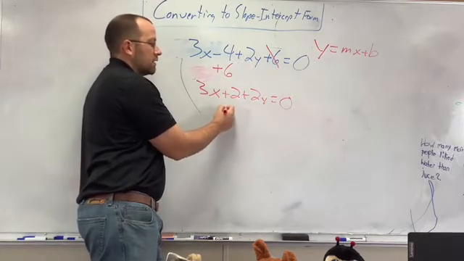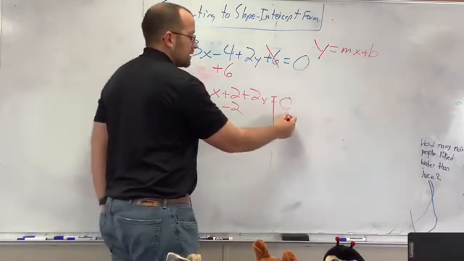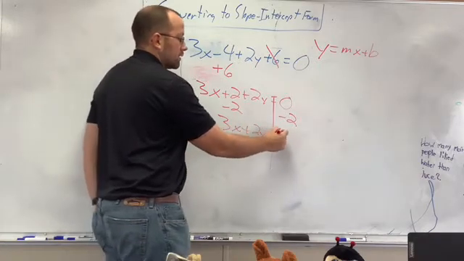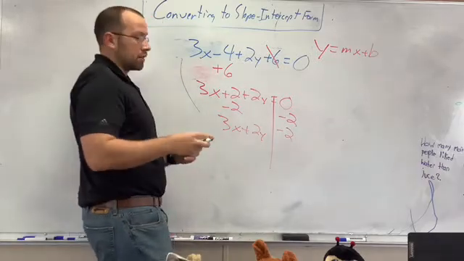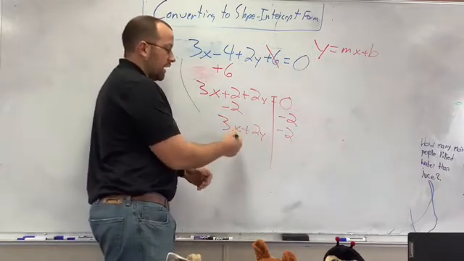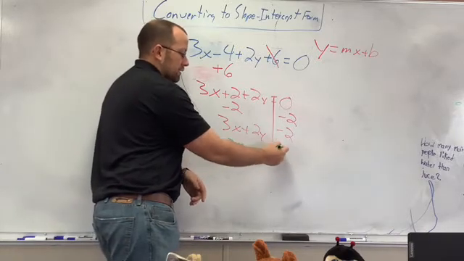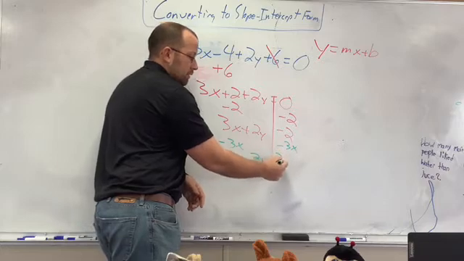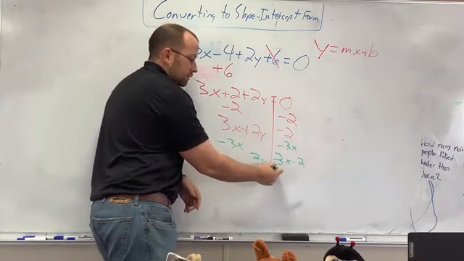Now I'm going to get rid of my number first because that's the way I like to do it. If you get rid of the x first, it doesn't matter. So 3x plus 2y equals negative 2. I'm going to switch colors just so it doesn't look like it's starting to run together. Now I do the same thing I did before. Minus 3x, 2y equals negative 3x minus 2, then divide by 2.